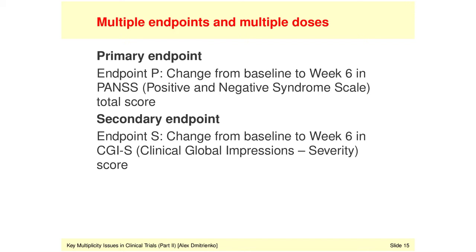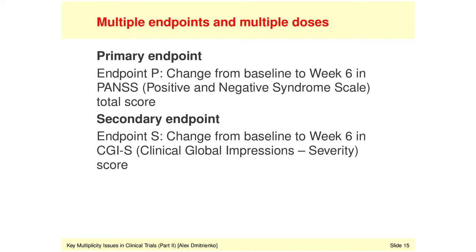And in addition to that, the trial sponsor pre-specified a key secondary objective based on the Clinical Global Impression Severity, or CGIS score. This CGIS score is computed from a 7-point scale that requires the clinician to rate the severity of the patient's illness at the time of assessment.